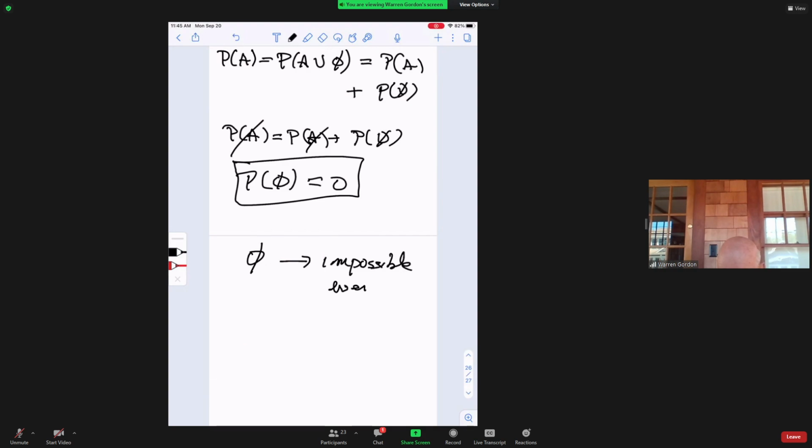Got to be a little bit careful here, because if an event is impossible, its probability is 0. We're going to see later on in the semester, there are outcomes that are possible which also have probability 0. That's a little thing we'll talk about later on.